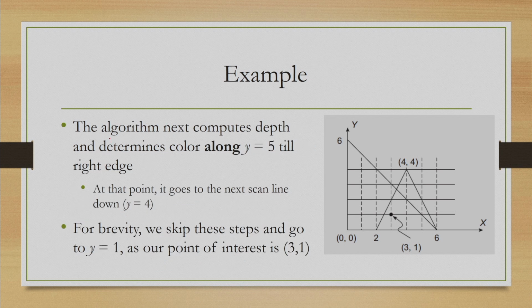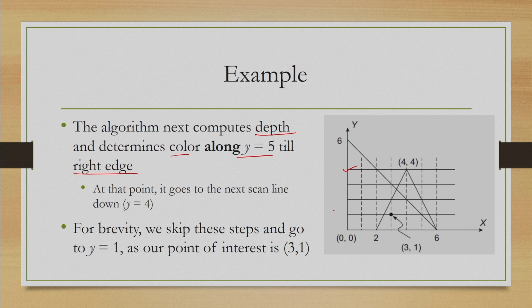Then the algorithm proceeds to the computation of depth and color determination along y equal to 5 till the right edge. At that point, it goes to the next scan line down, that is y equal to 4 here.